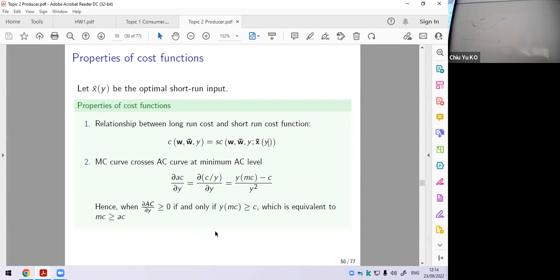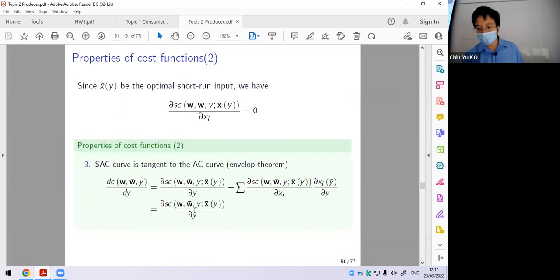Okay, so the first thing is like this, and that's why if you change y, you will change your variable factor, right, but you should also change your fixed factor accordingly. So when you look at this expression and differentiate, the first item is how it changes your short run cost without any change in fixed factor.